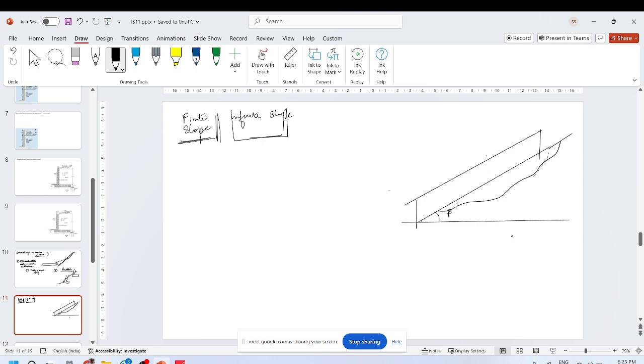We are assuming that this body is going to fail. It's not supposed to be irregular like this, because if it is that irregular, there will be an interlocking effect and it will not fail. Let's say that the slip failure is something like this. So where does the stability of this slope come from? You know your inclined plane theory.